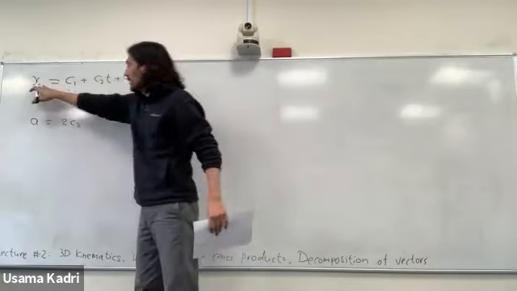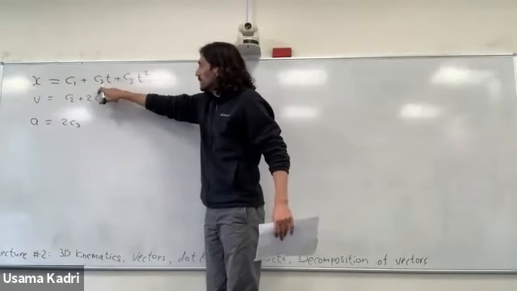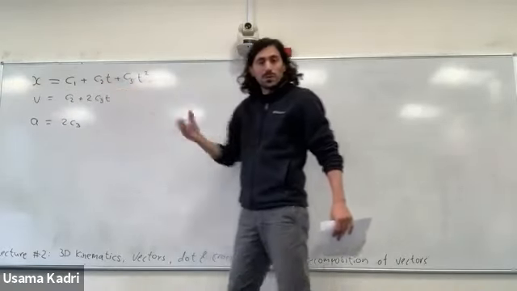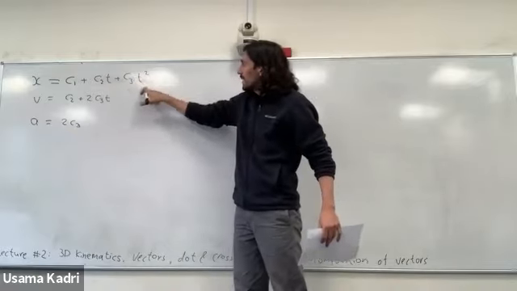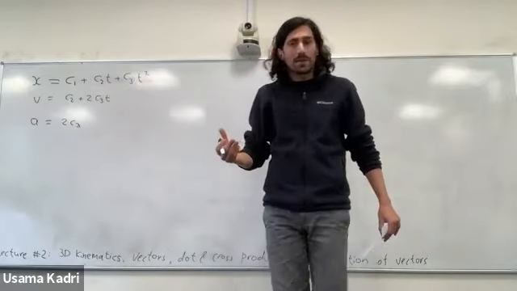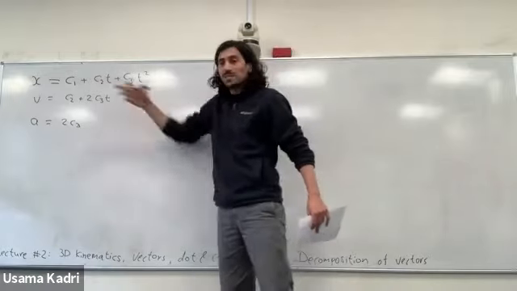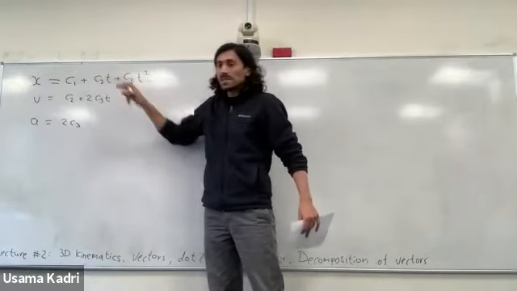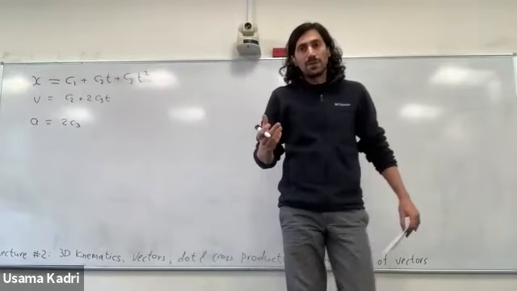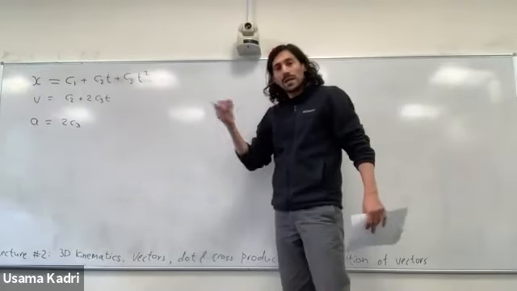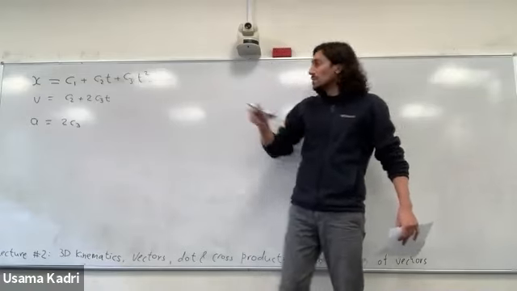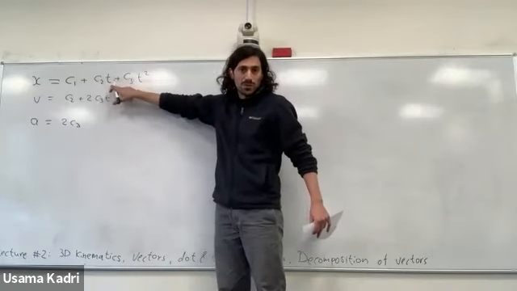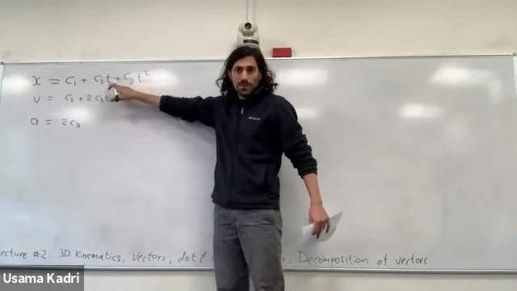X has units of length. C2 times t has also to be units of length, and C3 times t squared has to be units of length. I know that t is time, so C2 times t has to have units of length divided by time. So when I multiply that by t, I get units of length.